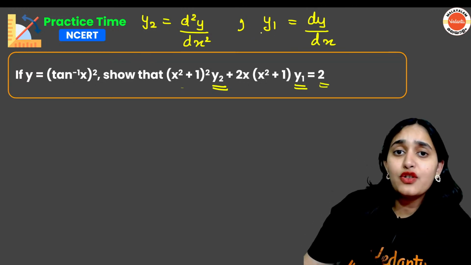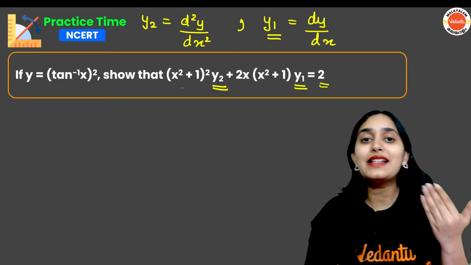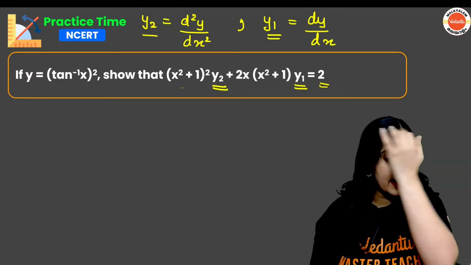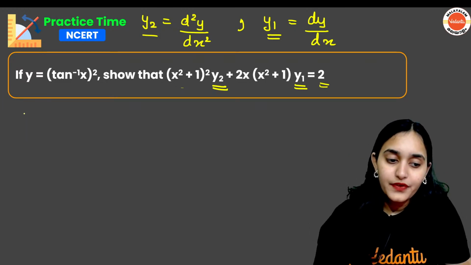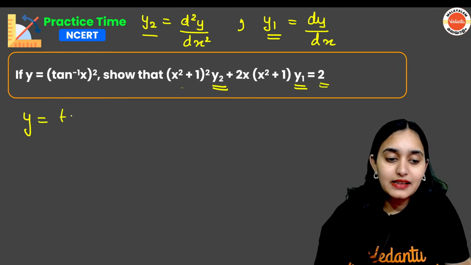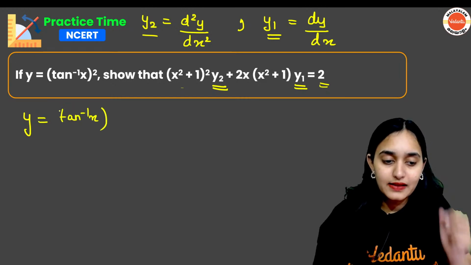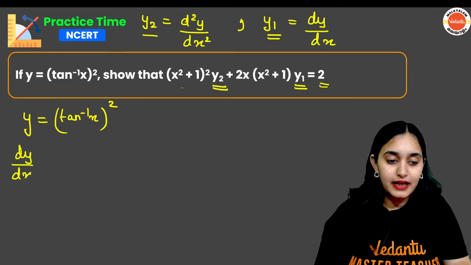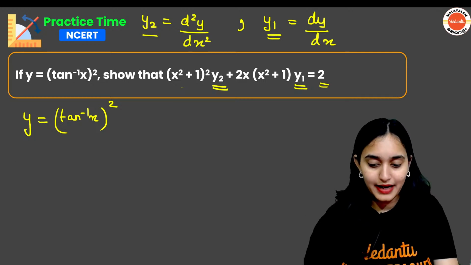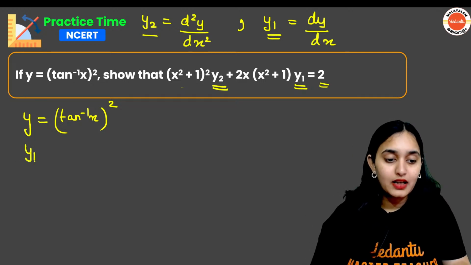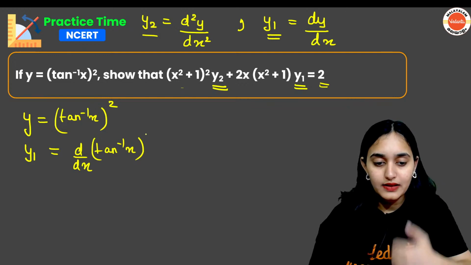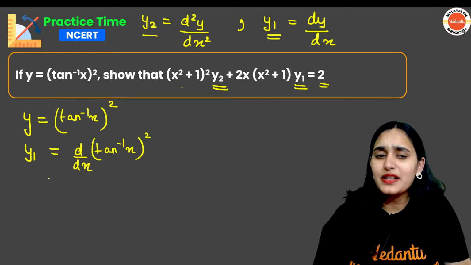For this, what do we need to know? We need to find out dy by dx and d square y by dx square. So we need to find out the derivatives. First of all, if y is tan inverse x whole square, then dy by dx, or let me simply write it as y1, will be the differentiation of tan inverse x whole square.